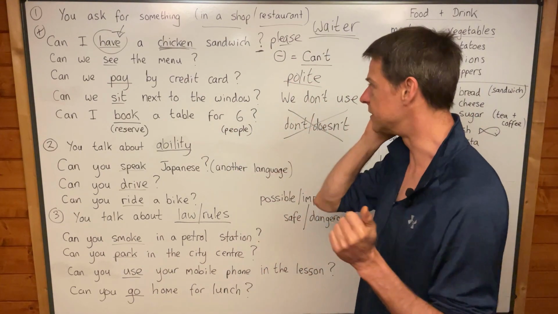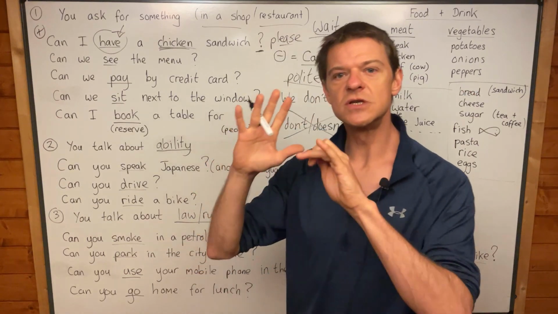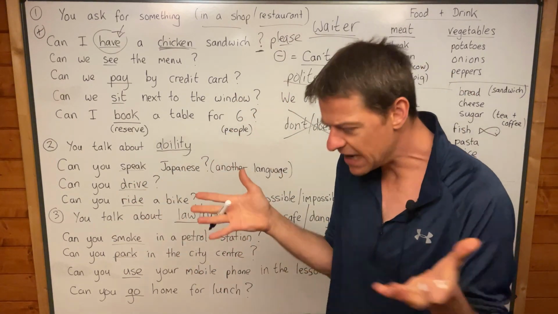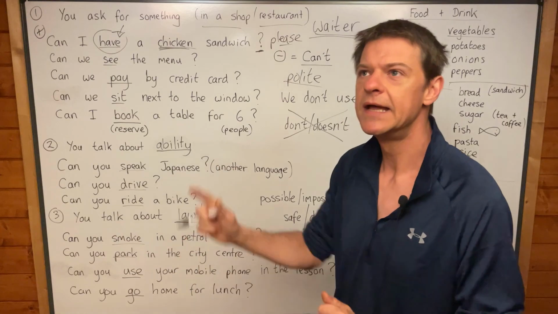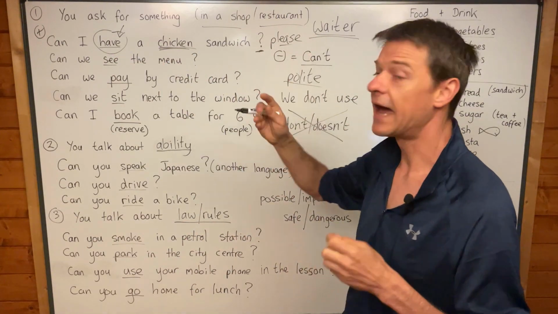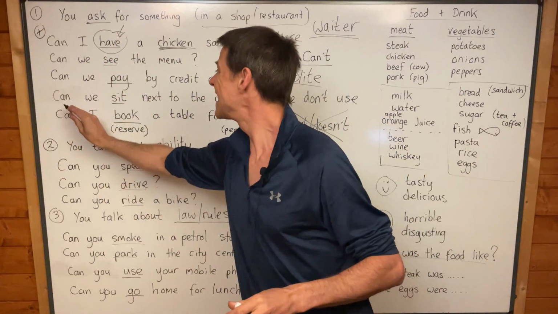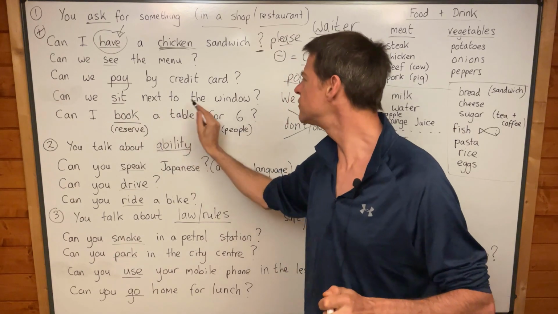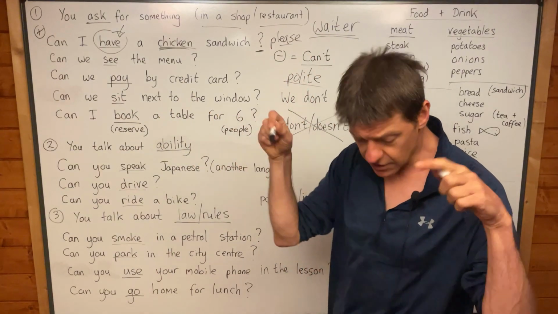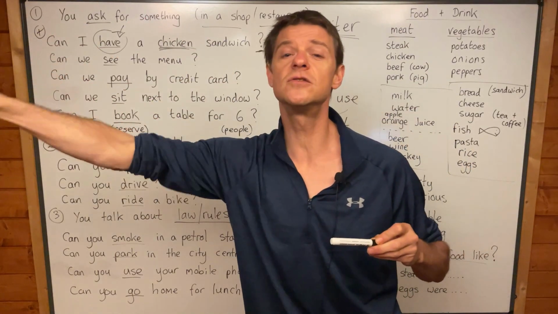Now, maybe you don't like your table. And you speak to the waiter and you ask, can we sit next to the window? We don't like this table. Can we sit next to the window?